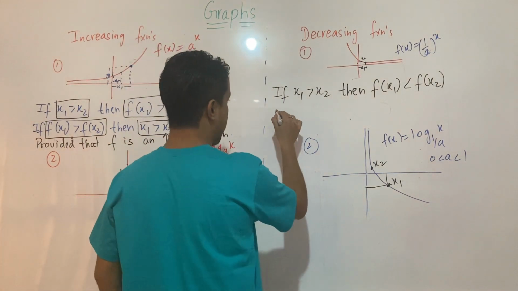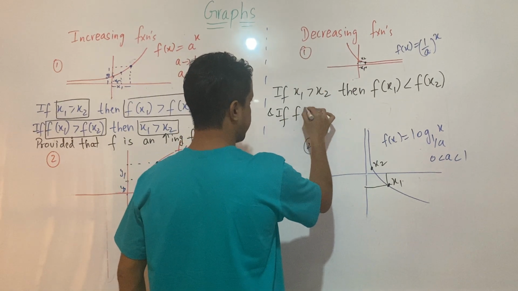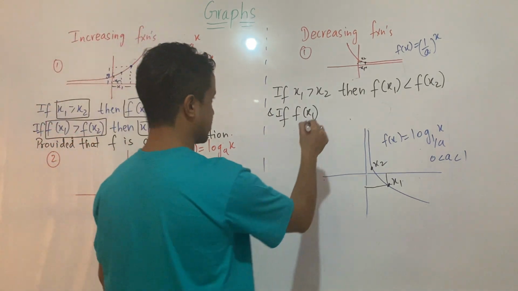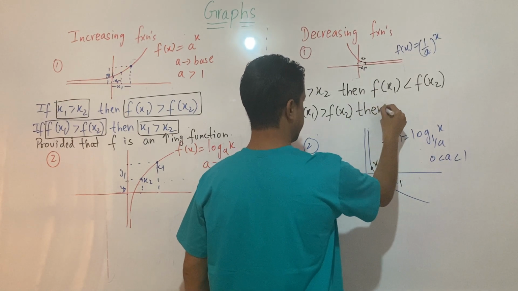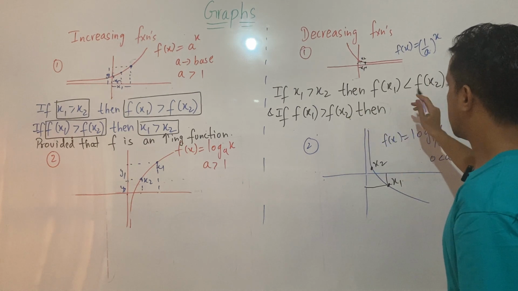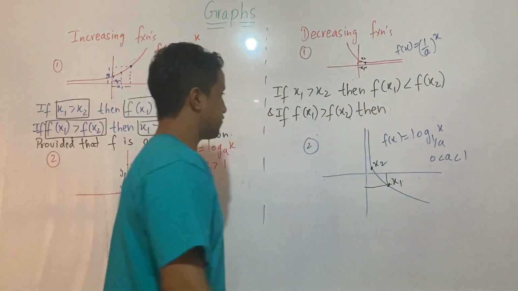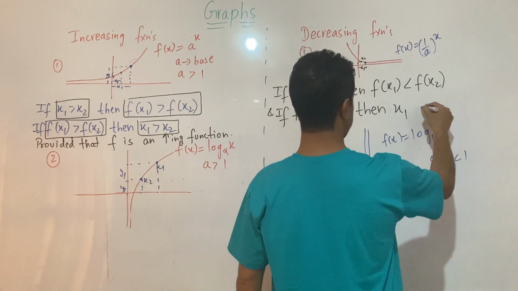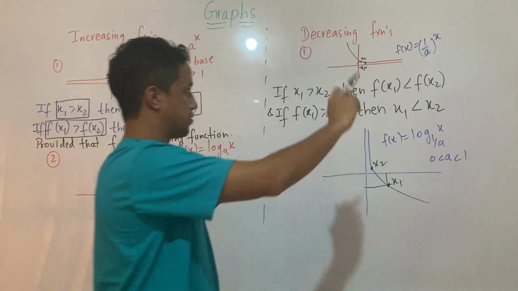Same here, and if f of x1 is greater than f of x2, what can we conclude from here? Then x1 is less than x2, right?